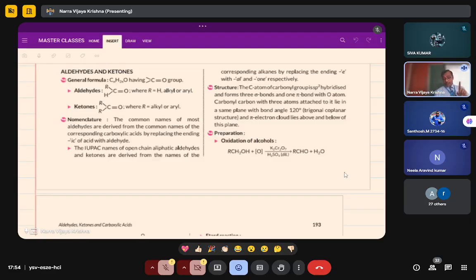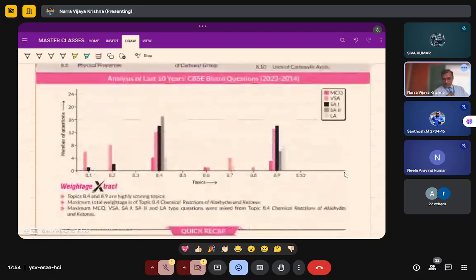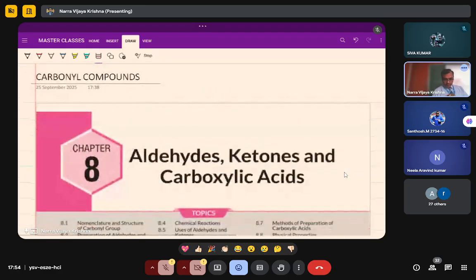One more thing I need to convey. While you are preparing or studying anything, always follow this rule. We call this the 4 R's. R1, R2, R3, R4.